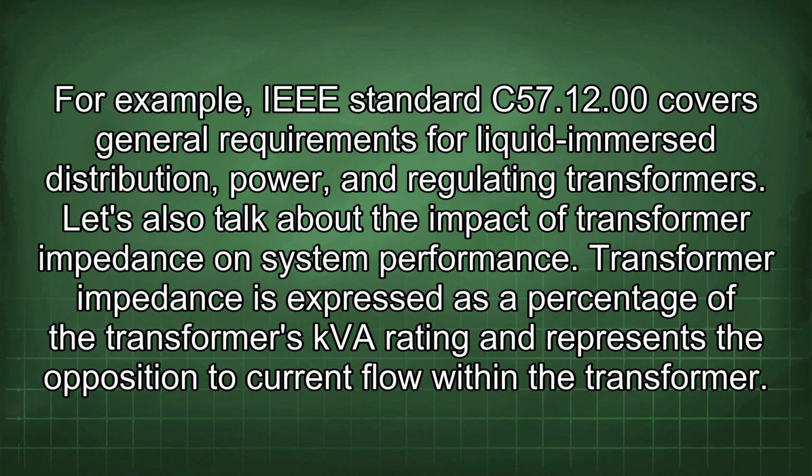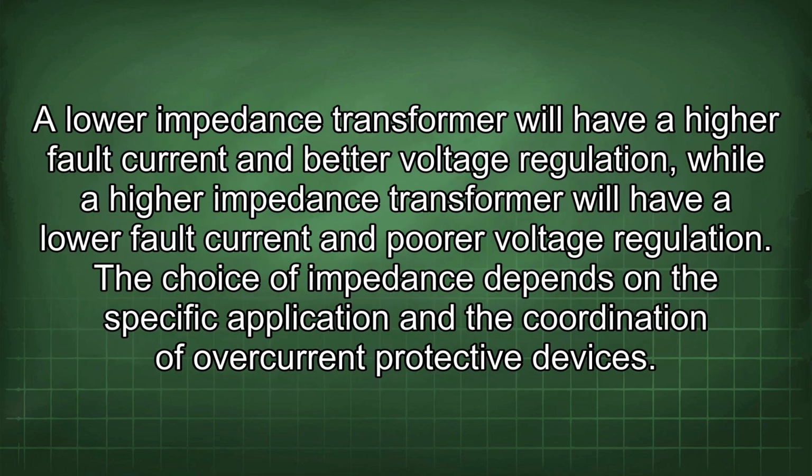Let's also talk about the impact of transformer impedance on system performance. Transformer impedance is expressed as a percentage of the transformer's kVA rating and represents the opposition to current flow within the transformer. A lower impedance transformer will have a higher fault current and better voltage regulation, while a higher impedance transformer will have a lower fault current and poor voltage regulation.